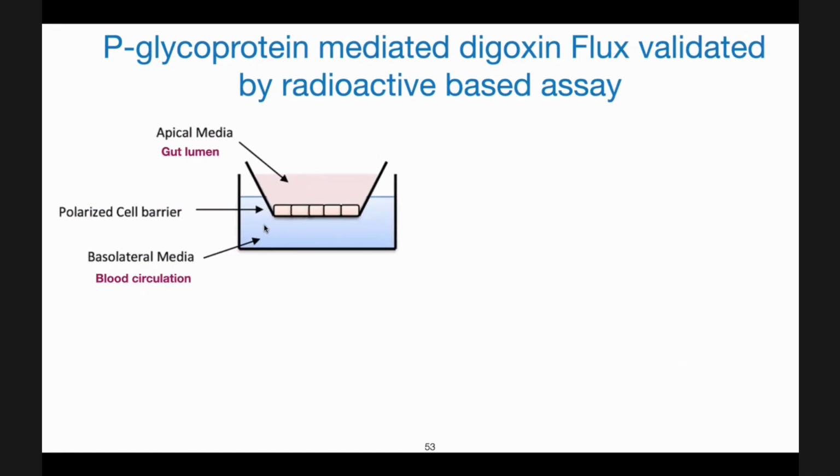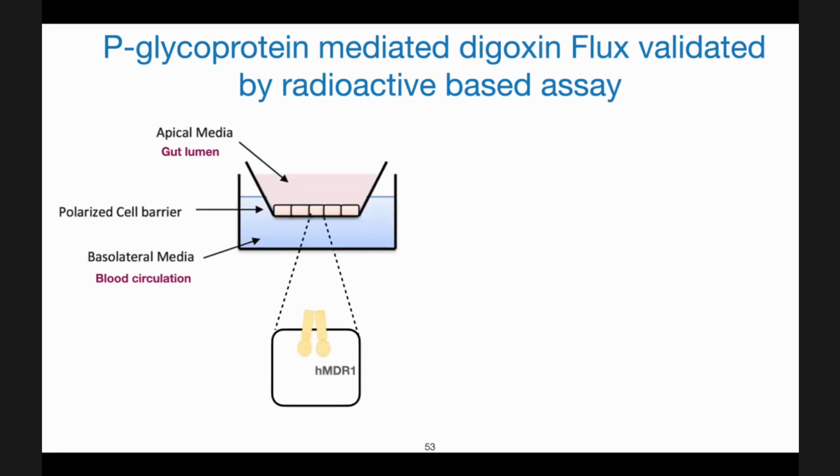For example, here we had two chambers, the apical chamber as well as the basal chamber, and the cell line was placed on this membrane. The apical chamber was mimicking the gut lumen, this intestinal gut lining was our cell line, and the basal chamber was mimicking the blood circulation.